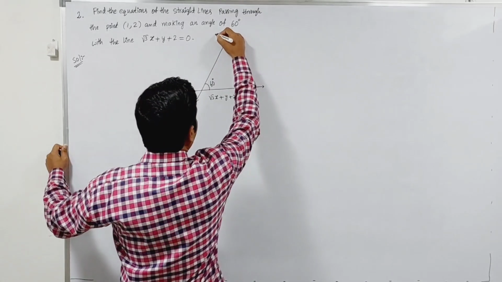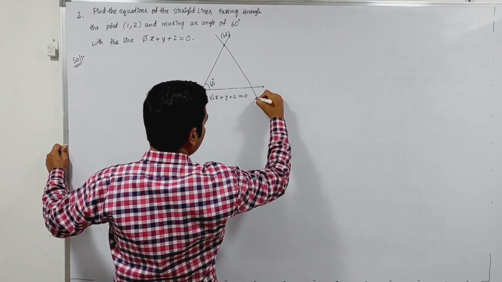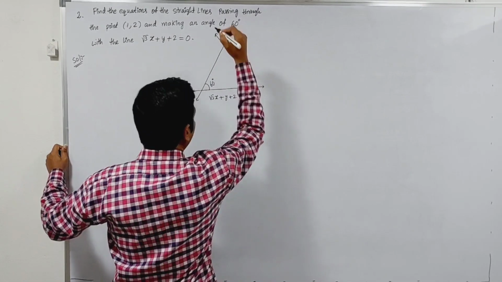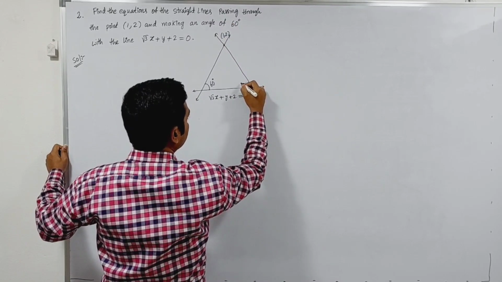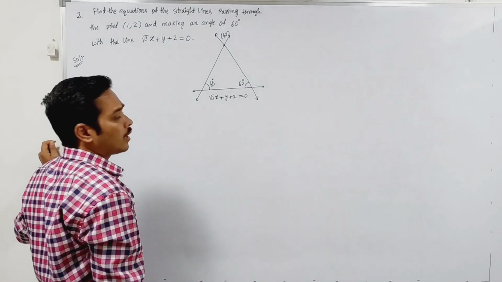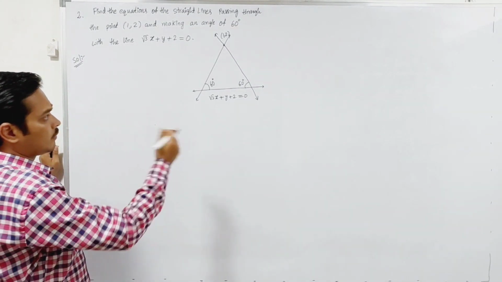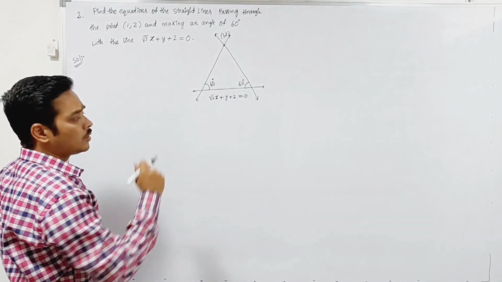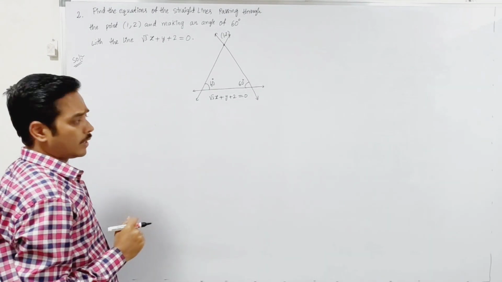The required line may be like this also, on the left side or right side. Both lines are possible. This is also passing through (1, 2) and making an angle of 60 degrees with the given line. So you have to find these two equations of the straight lines.